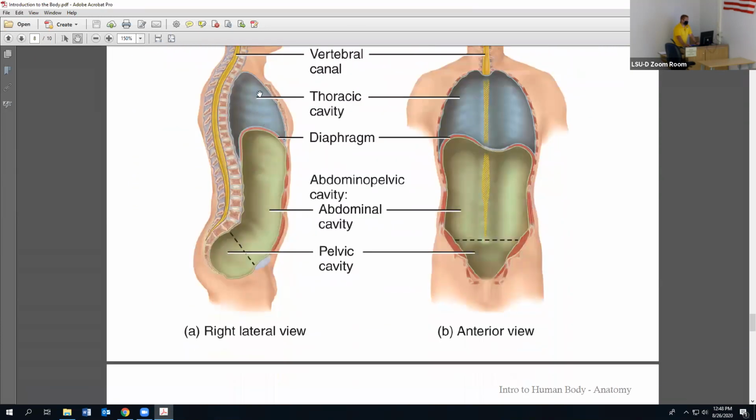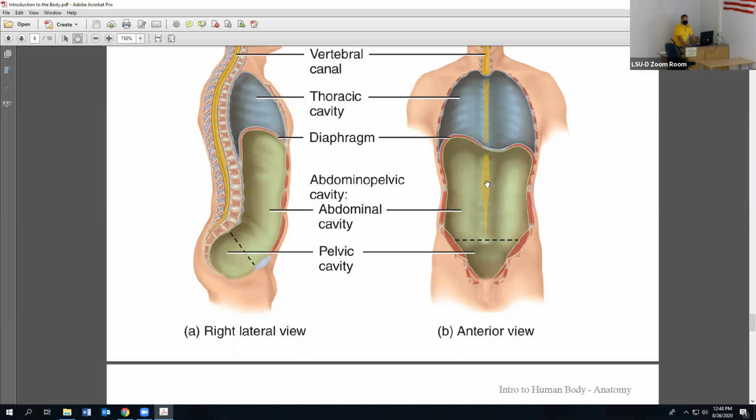That's the upper cavity. The much larger lower cavity is the green one here, the abdominal pelvic cavity. To separate the thoracic cavity from the abdominal pelvic cavity, we have an organ. Actually, well, it is an organ, but it's a muscle called the diaphragm. That's the muscle that helps us breathe, and it's an actual structure that separates those two cavities.